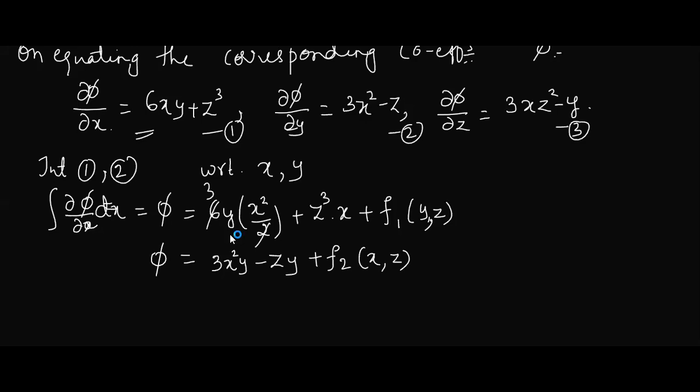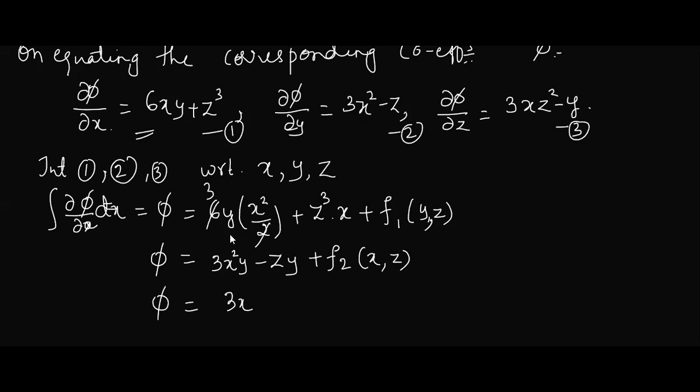Similarly, we have to see equation 3. What is to be done for this? 3 should be integrated with respect to z. So you'll get phi again from this. What will you get? 3x is constant.